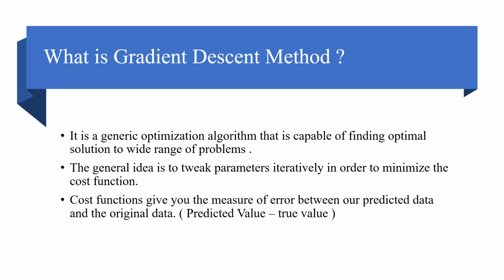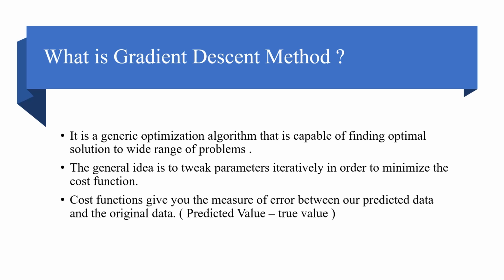Let's take an example. In linear regression, in order to find the linear relationships between continuous or categorical data, you have an equation like y dash is equal to theta 0 plus theta 1 x1 plus, and that goes on up till theta n xn. Here y dash is the predicted value, the thetas are the parameters, and the number of x's is the number of features.